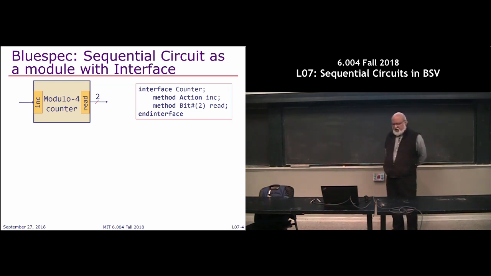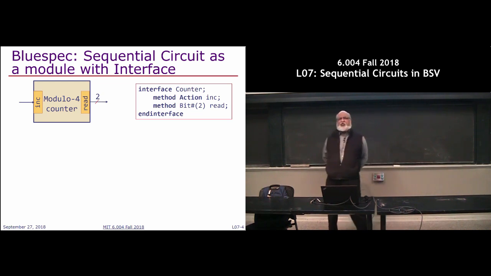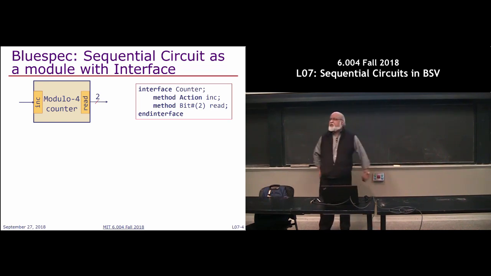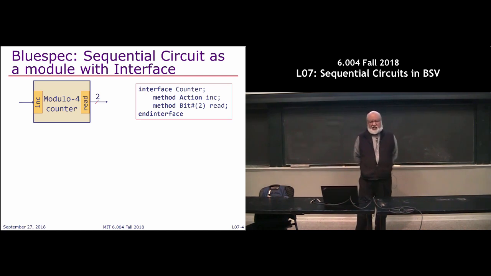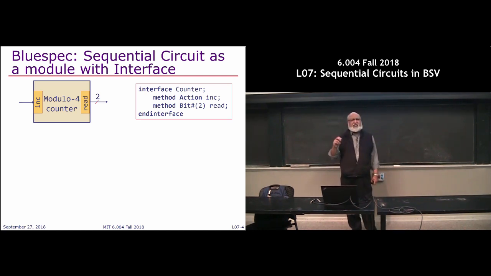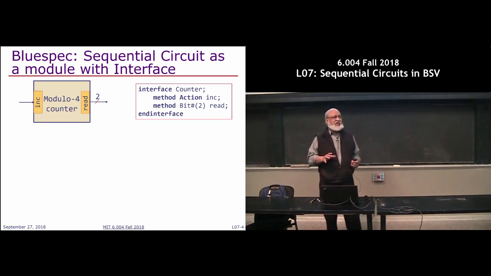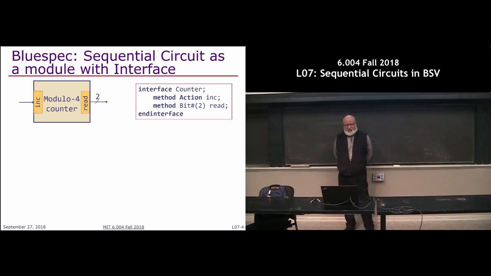When we designed the circuit for it, what I would like to do is write down an interface definition of the kind that is shown here. That interface of a counter has two methods. One is an action method called increment, and that's all it says. By action we mean it's going to change the state of the system. It's going to do some action inside. That's all you know, and it has no arguments.